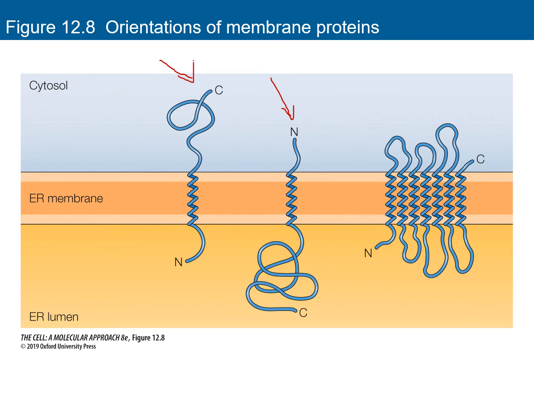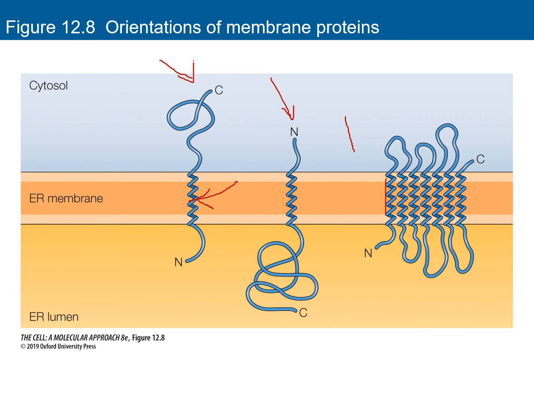Some of the proteins go through the membrane only once. So this is their alpha helix, embedded in the hydrophobic part of the membrane. In another case, another protein that is shown here has traversed the membrane several different times.